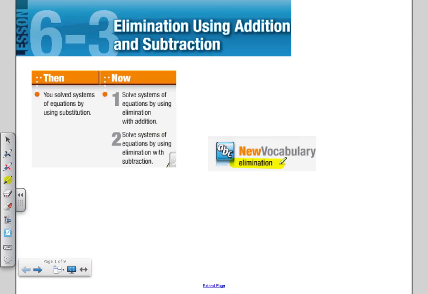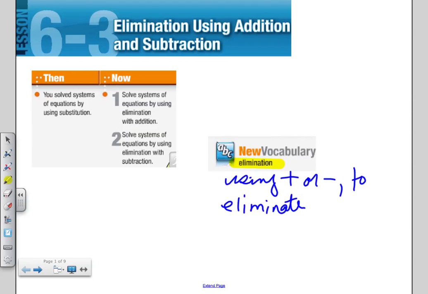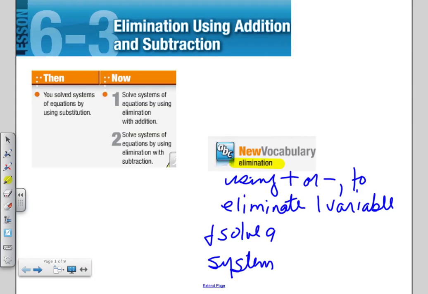So it is using plus or minus, addition or subtraction, to eliminate one variable and solve a system of equations. Okay, so that's your term, elimination.